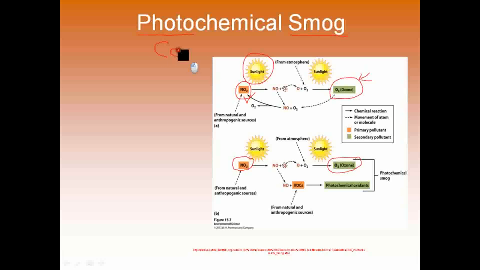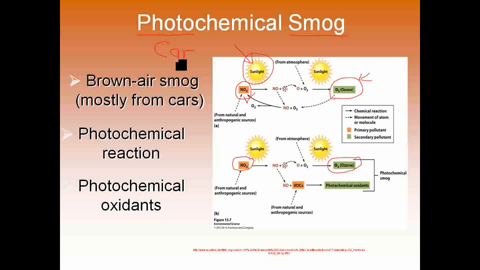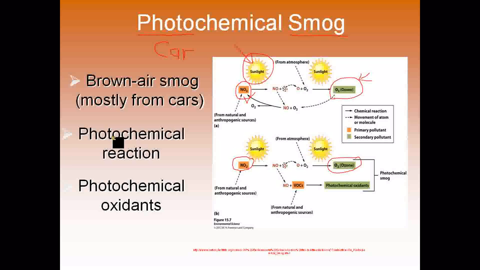Photochemical smog is a car problem. So places that have lots of cars and lots of sunlight are prime victims of photochemical smog. It's called brown smog or brown air smog, and it's caused because of a photochemical reaction.